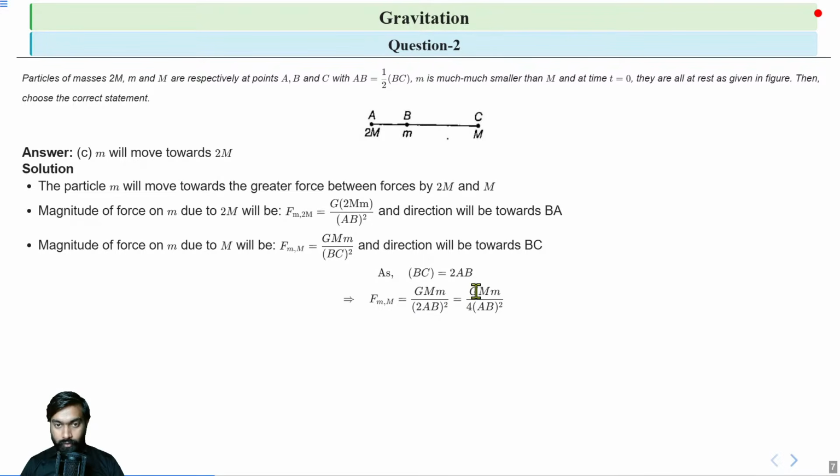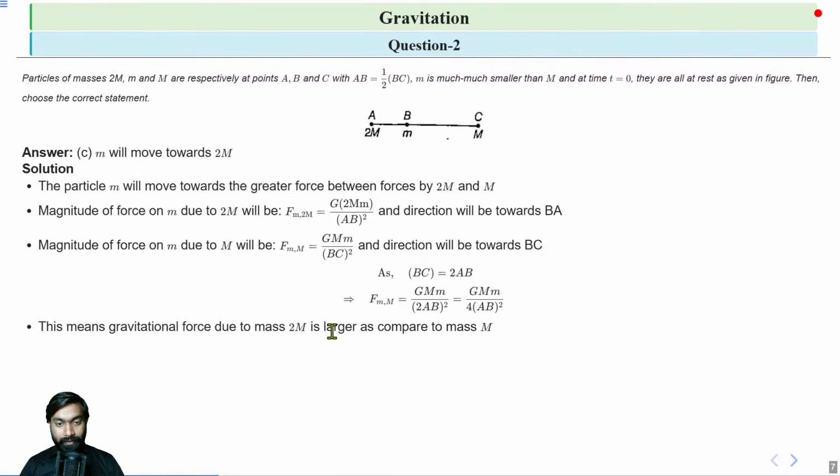So it is equal to G m into M divided by 4 AB square. Why? Look here, BC is equal to 2 times AB, so just put 2 times AB. When we solve this equation, you will get G into capital M into small m, the square of 2 is 4, and the remaining term is AB square. So the force will be this one.